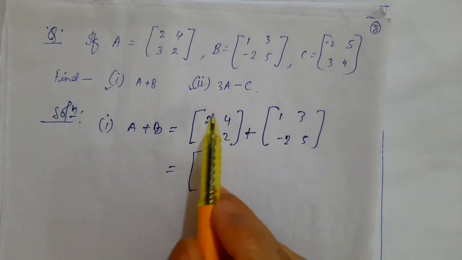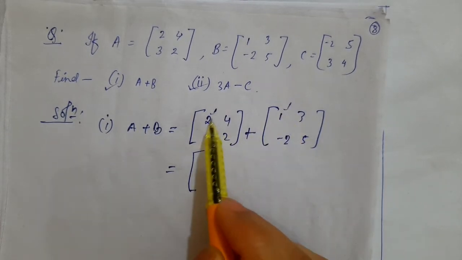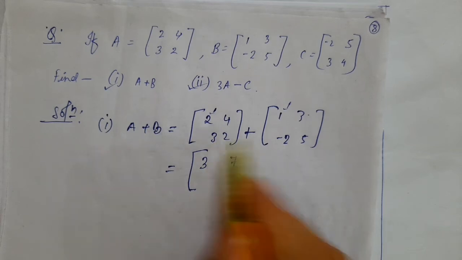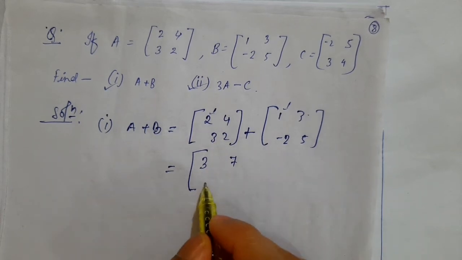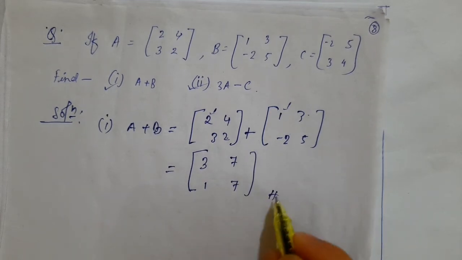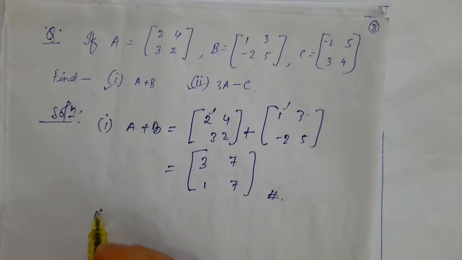By adding the corresponding elements, that means first element of matrix A with first element of matrix B, 2 plus 1, that is 3. 4 plus 3, 7. 3 plus minus 2, that is 1. 2 plus 5, 7. It is the result. As simple as that.